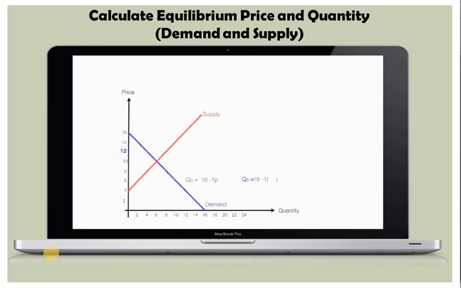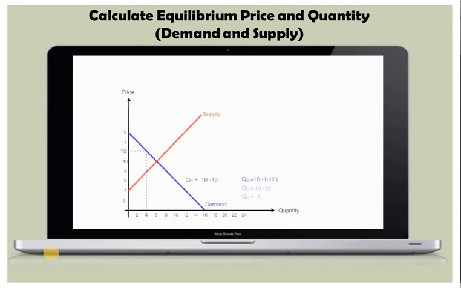So now if I plug in a price of 12 into the equation, I get quantity demanded is equal to 16 minus 12, which is equal to 4. Price of 12, quantity demanded is 4.